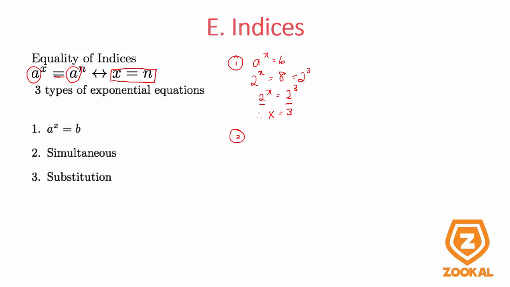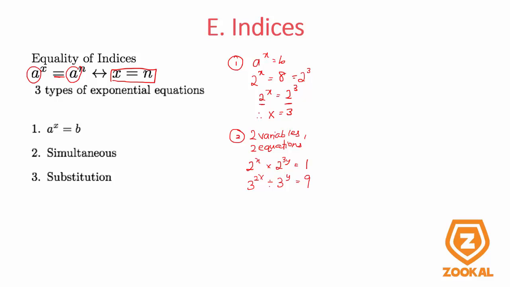So the second type of equations that we will find are simultaneous, where there will be two variables in one equation, but there will be two equations. What does this mean? This means that you have 2 power x times 2 power 3y equals to 1. And then you have 3 power 2x divided by 3 power y equals to 9.